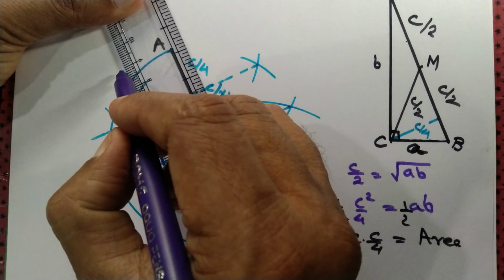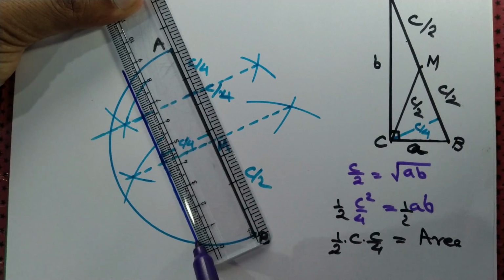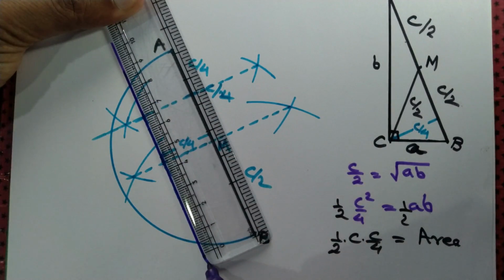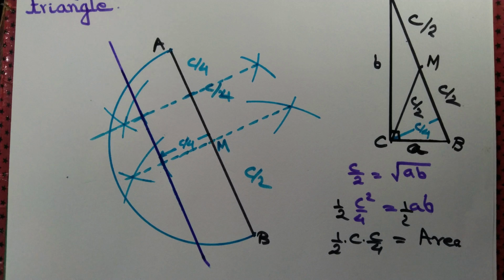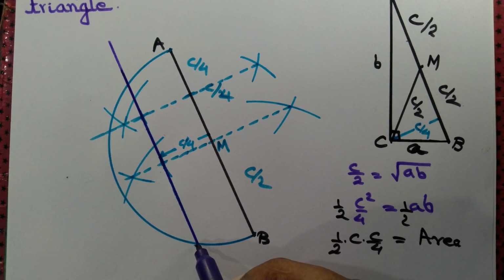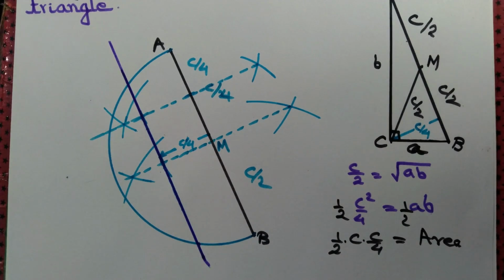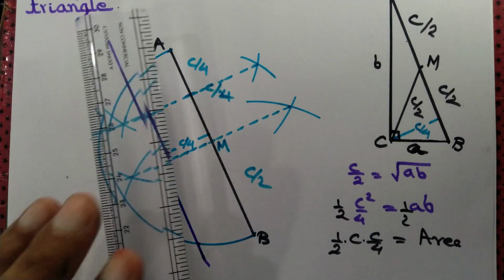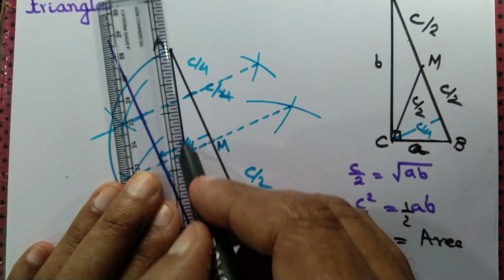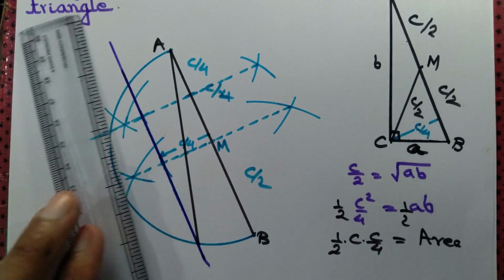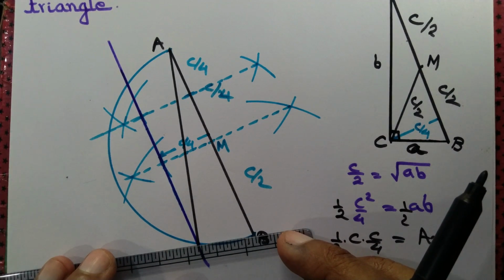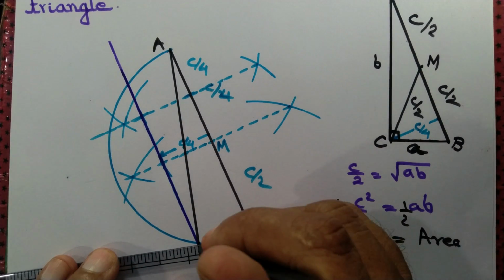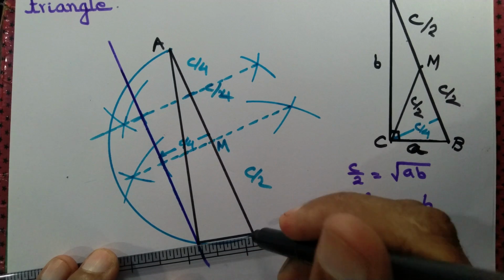Let's draw the line by using a different color. And you see that the line intersects the semicircle at some point. Join that point with the point A, and join that point to the point B.